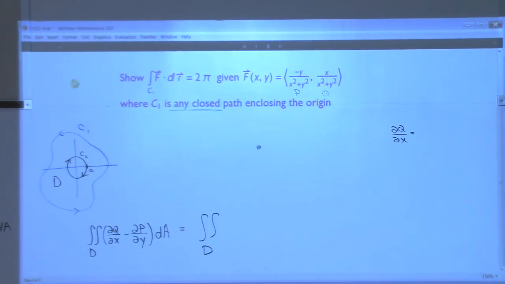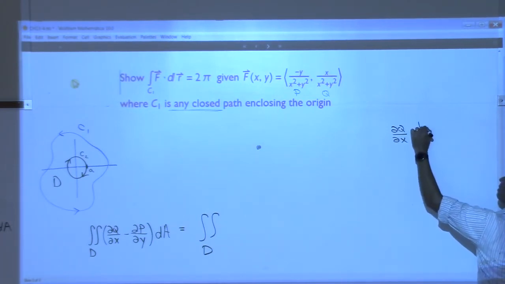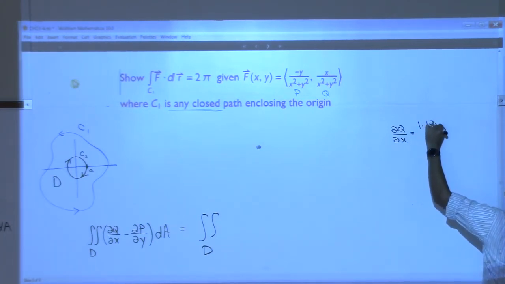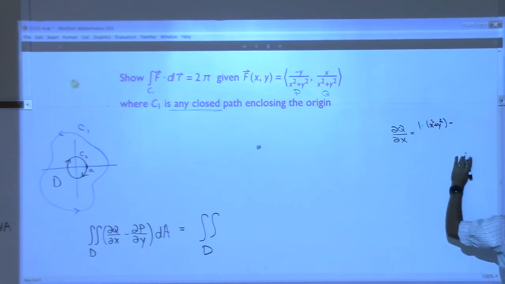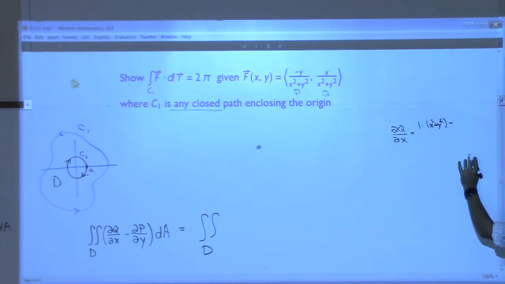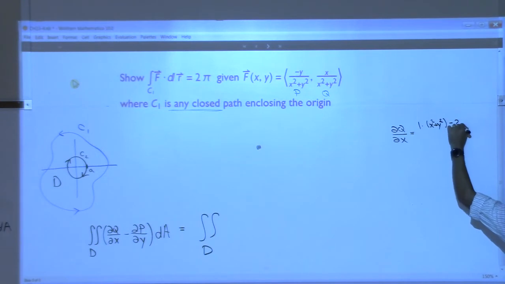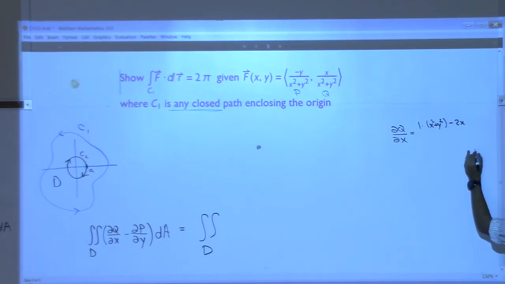Don't we have to do like a quotient rule? So derivative of the top, which is 1, times the bottom, minus, what's the derivative of the bottom with respect to X? 2x times the top, negative y, so that's going to make that plus y like that. Then all over the bottom squared.